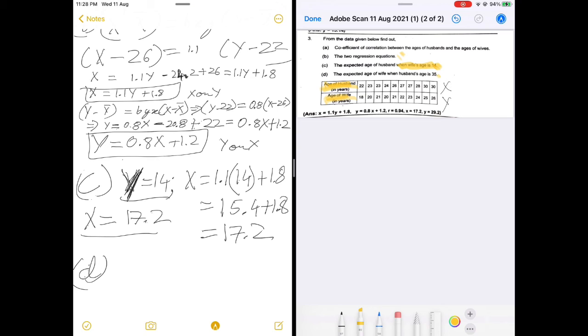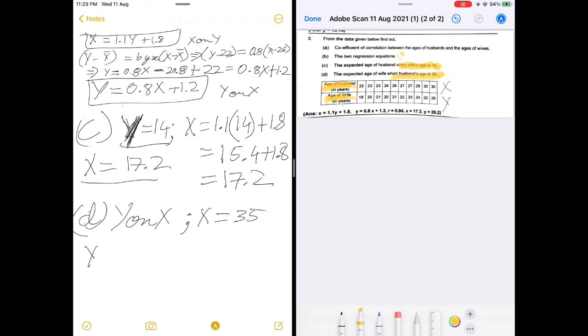Similarly, now we have to solve for D, where we are given the husband's age as 35. We have to find the wife's age. So we'll use the y on x equation. When x is equal to 35, we have to find the value of y. We'll first write the equation y is equal to 0.8 into x plus 1.2.